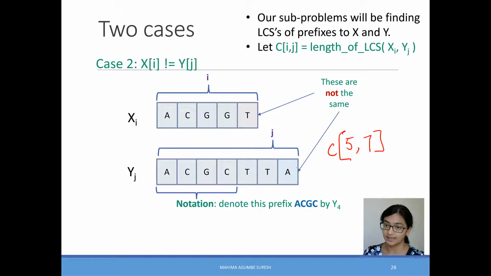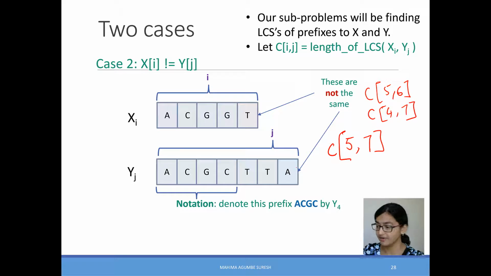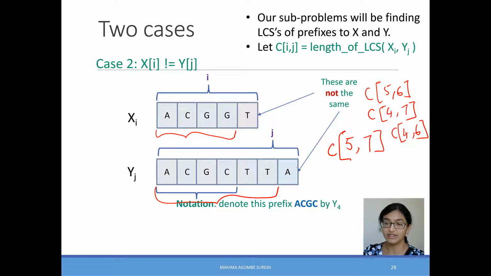Just because we have already constructed previous solutions, we have c of 5 comma 6, we have c of 4 comma 7, and we have c of, let's say, 4 comma 6. So we have everything to do with this substring and the i and j substrings, meaning i minus 1, j minus 1 in all three directions.